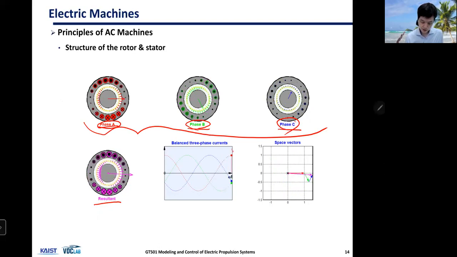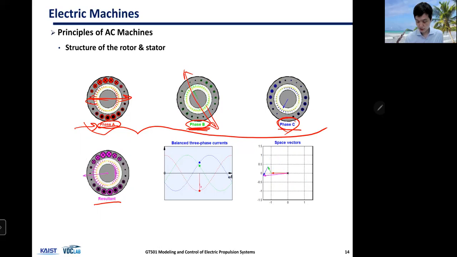But if you think about it, because the winding is not moving, right? Instead, the current is alternating. So what's going on here is that using alternating current, you can change the field in one direction. In the case of this phase A, left and right, and phase B, you put the winding at a different orientation, and you are going to have this type of alternating magnetic field.